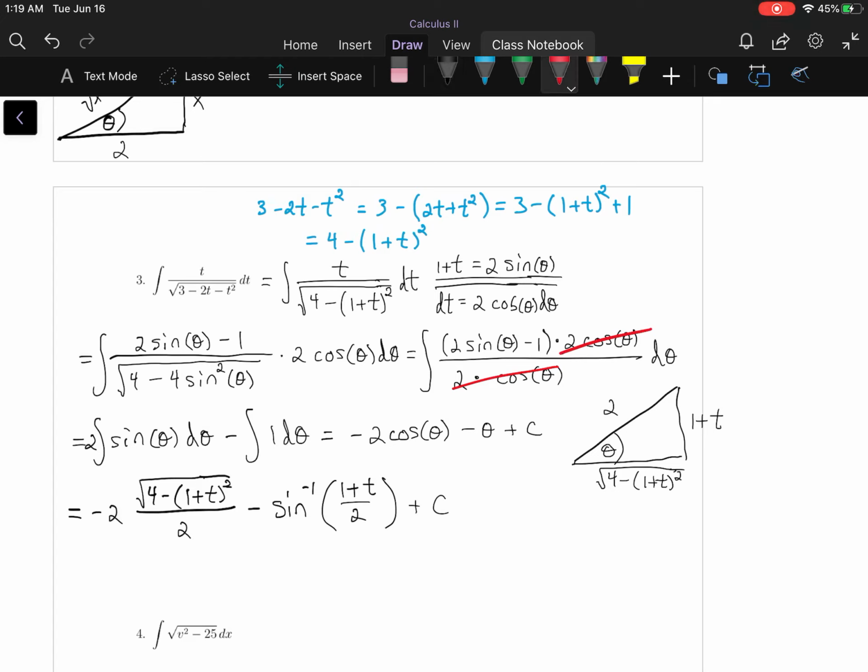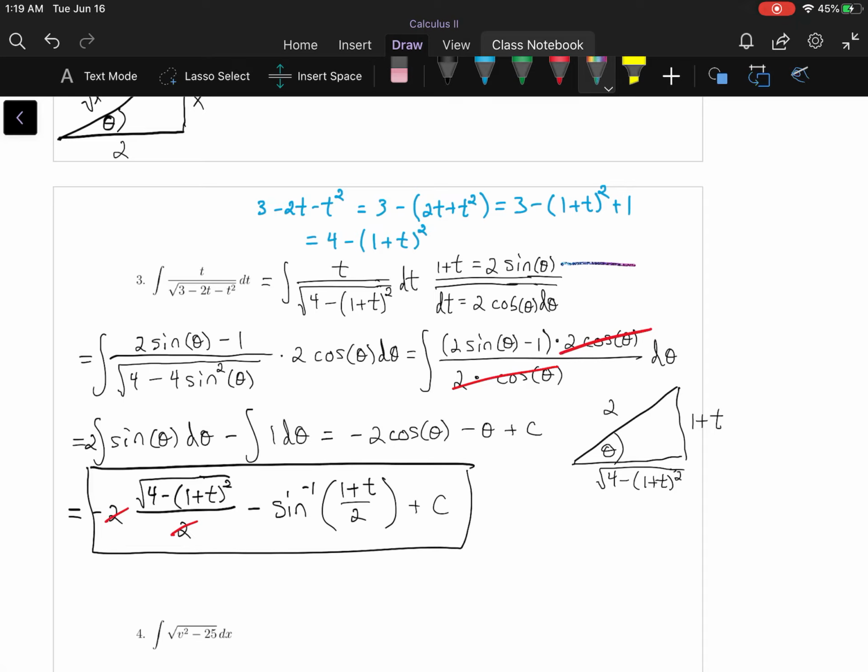You could simplify a little bit by canceling out the 2's, but this essentially is our solution to the third problem. And again, just in case you're not sure where that arcsine came from, I used this substitution in order to solve for theta.